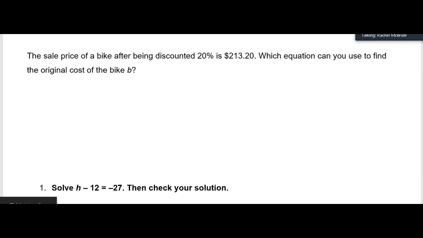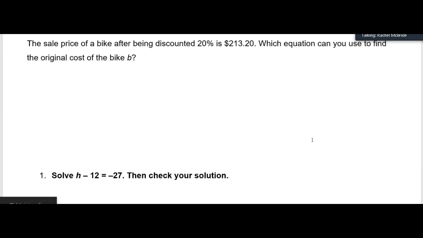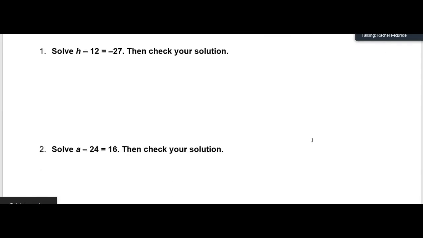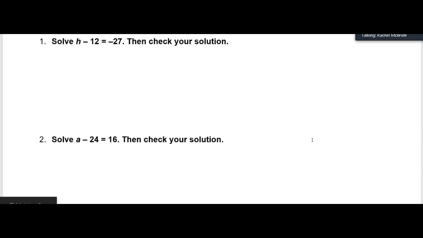All right, let's look at example number 1 that relates to yesterday's lesson. So we have solve for h minus 12 equals negative 27. Go ahead, Sierra, what am I going to do? Perfect.